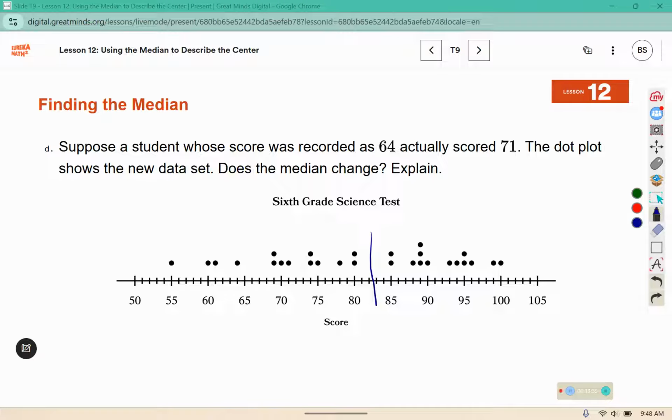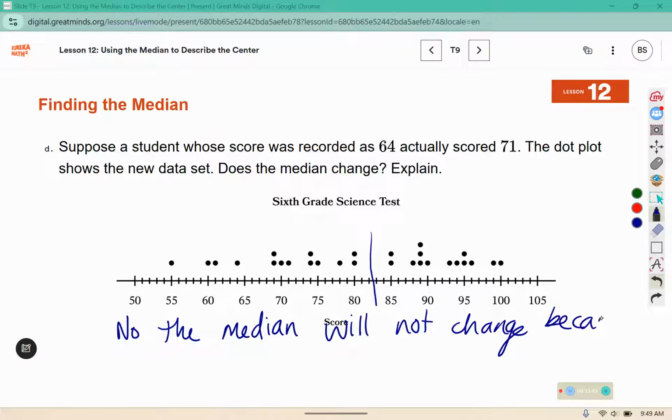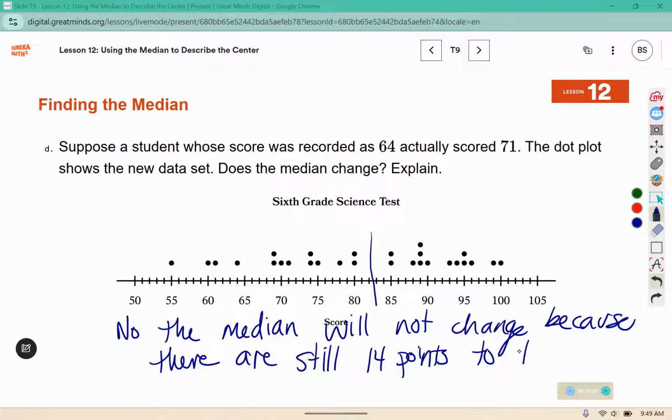So no, the median does not change. Because it remained on the left side, it did not change where the median was.